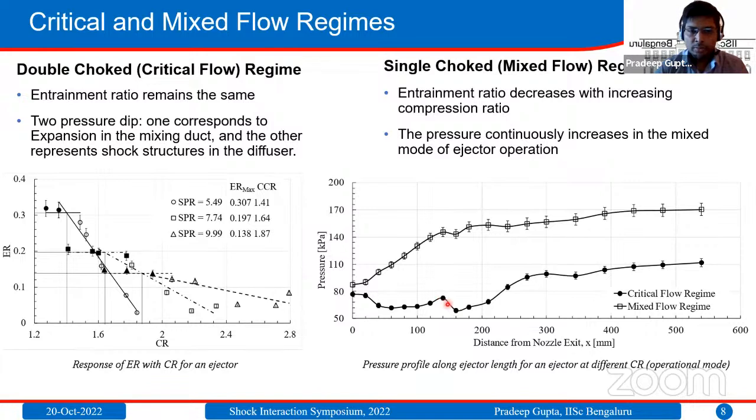This decrement in the pressure is the response to the expansion of the supersonic mixed flow in the diffuser, and the rise in pressure is due to the recompression shock structure, and this gradual pressure rise is due to the subsonic flow expansion in the diffuser. Here we did not see any significant drop in the primary flow, while this increase in the pressure corresponds to the mixing of the primary and secondary flow, and this gradual rise in pressure corresponds to the expansion of the subsonic mixed flow in the diffuser.